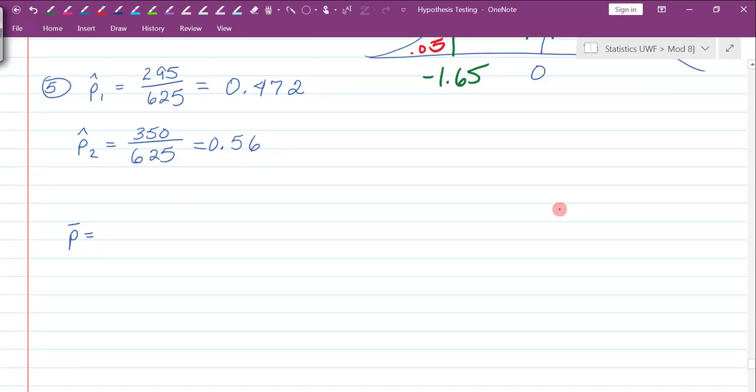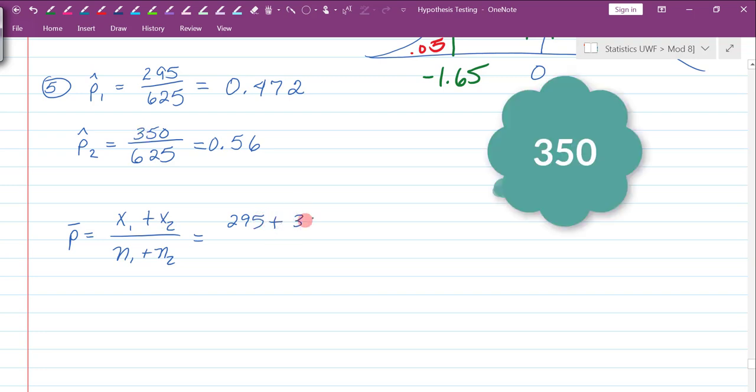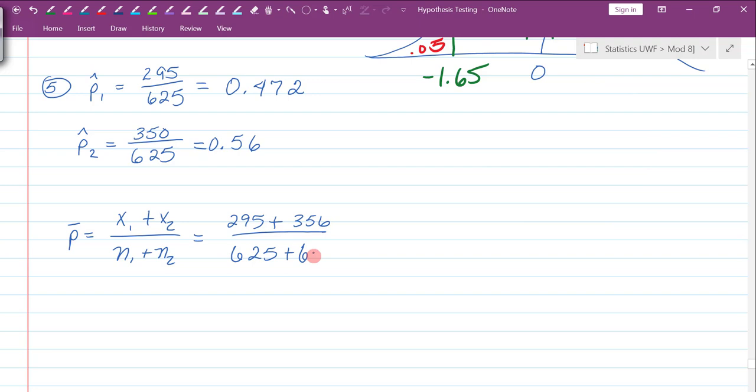So it's x sub 1 plus x sub 2 divided by n sub 1 plus n sub 2. So x sub 1 is 295 plus x sub 2, 350, divided by 625 plus 625, which is the 1250.